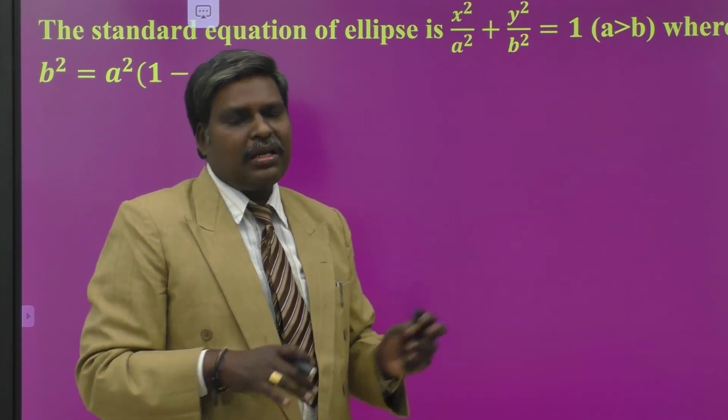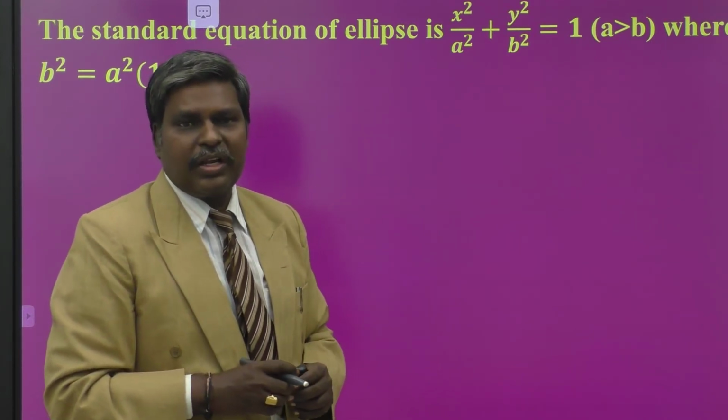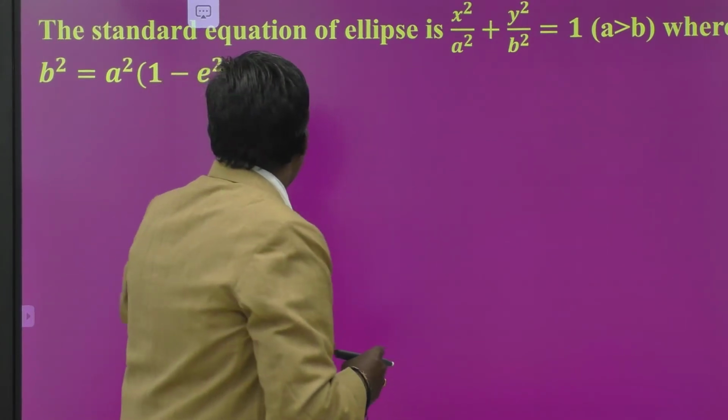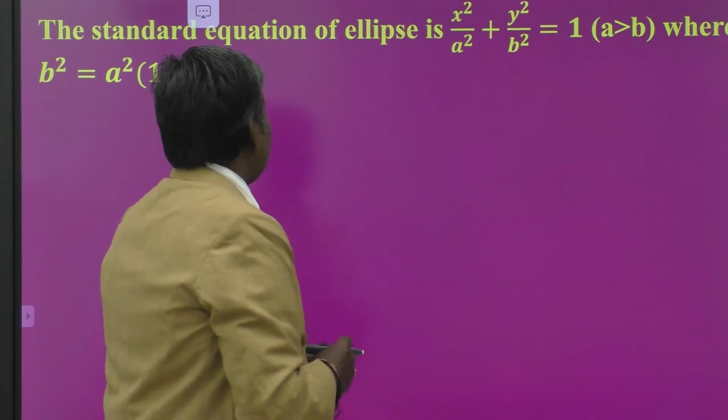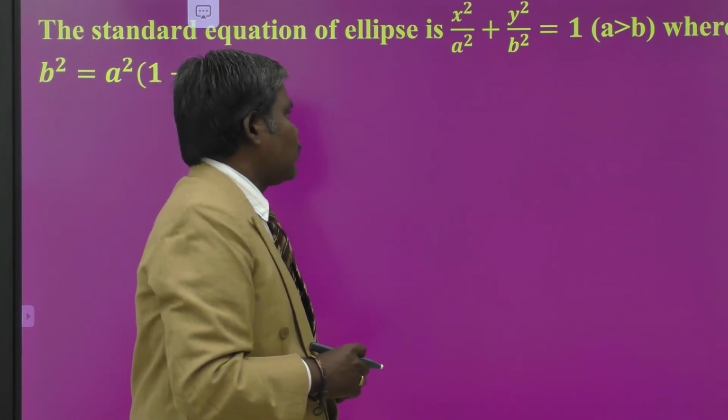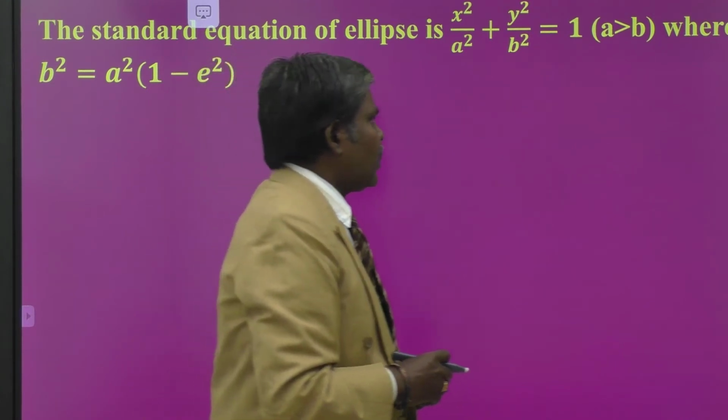In the same manner, here also, first of all, we have to derive the standard equation of ellipse. So, see here, the standard equation of ellipse is x square by a square plus y square by b square equals 1.